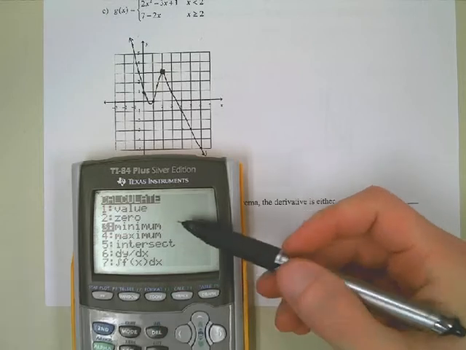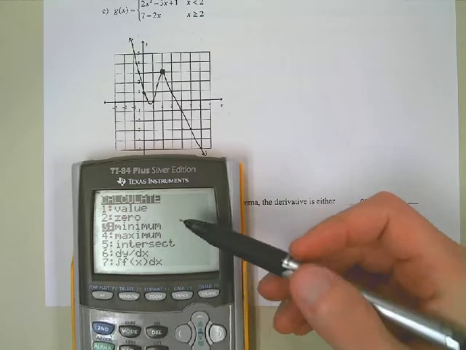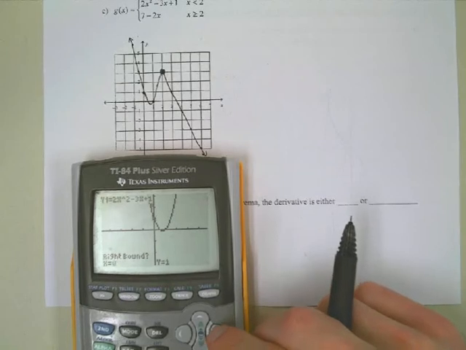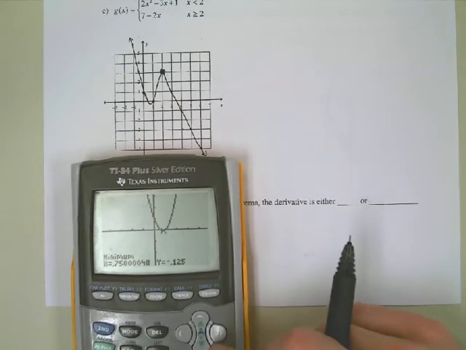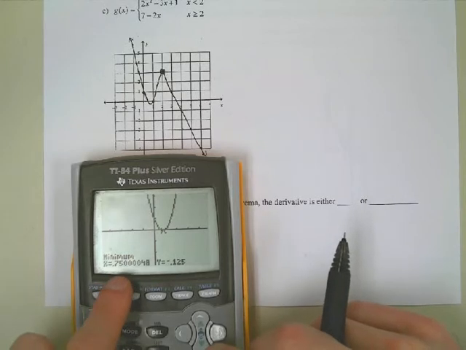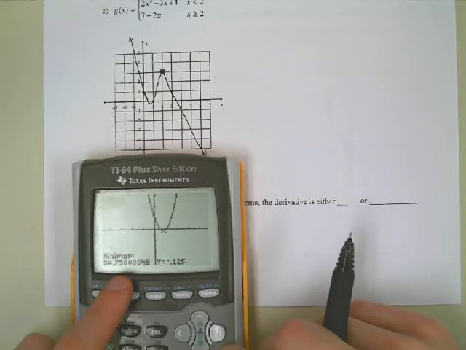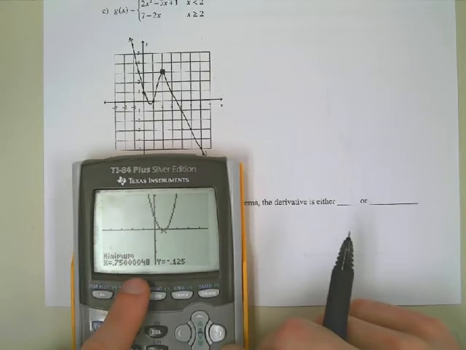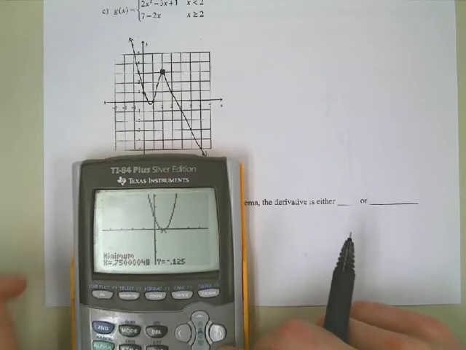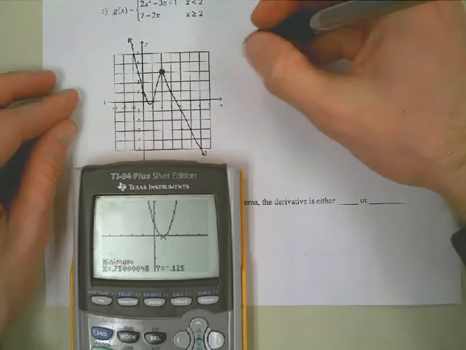The calculate menu, minimum is there, so we can do that. I'm just going to go to the left of my minimum, go to the right of my minimum, hit enter. So now how should I read this number here? 0.75. Okay, this is a calculator error. Yes, there is this 0.000048. That's an error. It should just be 0.75 and negative 0.125. So we have a relative minimum then.